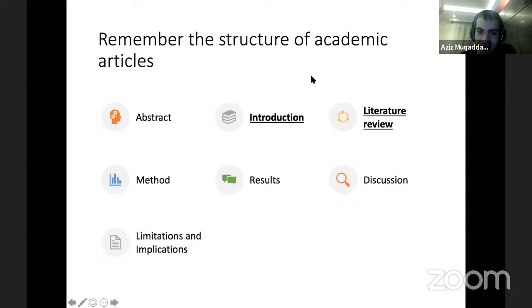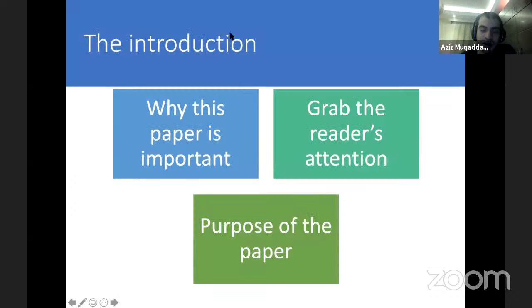And so this week we're going to focus on those two parts, particularly the literature review part. Introduction, I'm not going to spend a lot of time on, but I guess you know what the function of introductions in articles is.